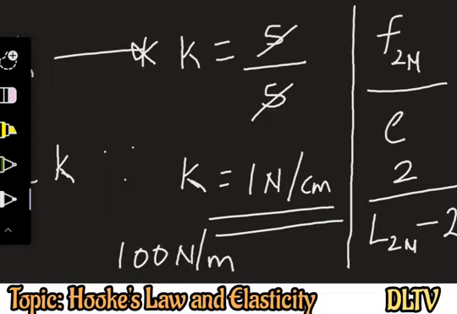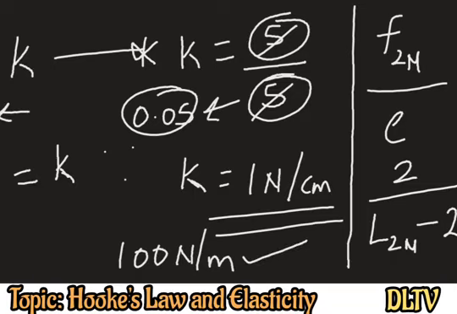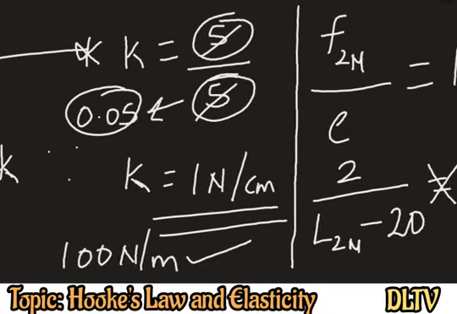You can do that by converting this extension from centimeters to meters, and that will be 0.05. And when you divide 5 by 0.05, you get 100, and that will now be 100 Newton per meter. So this is the solution to the question.